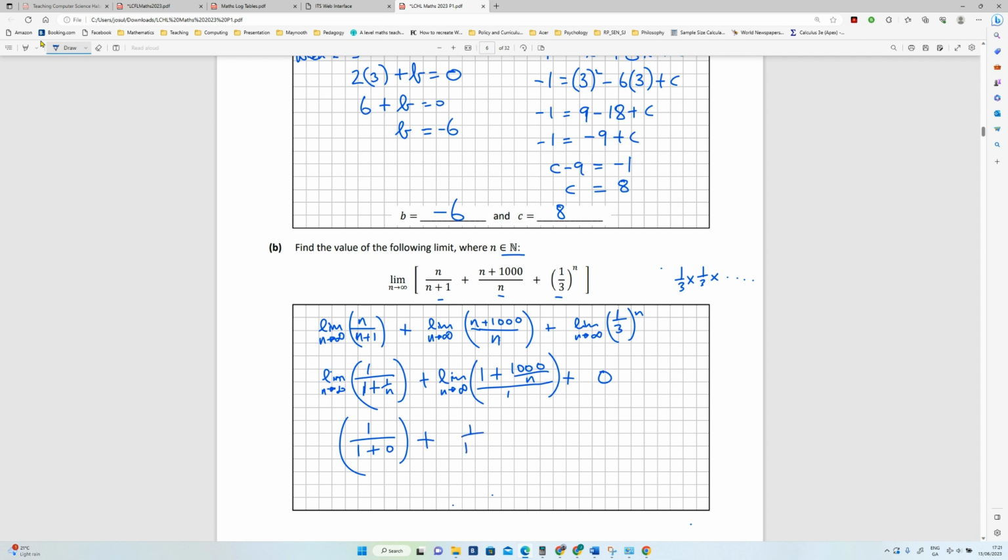So n divided into 1000 eventually will converge to 0 if n is big enough. Okay, so that's 1 plus 0 all over 1 plus 0. So you've got 1 plus 1 plus 0, giving you an answer of 2. So that's it for part B.